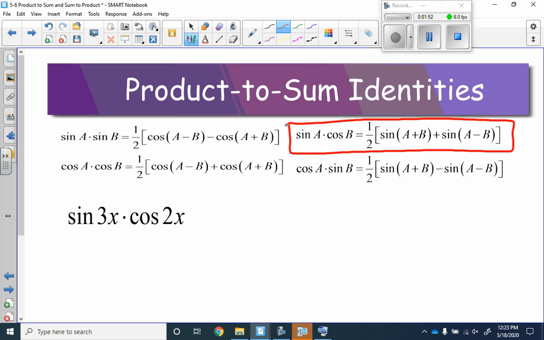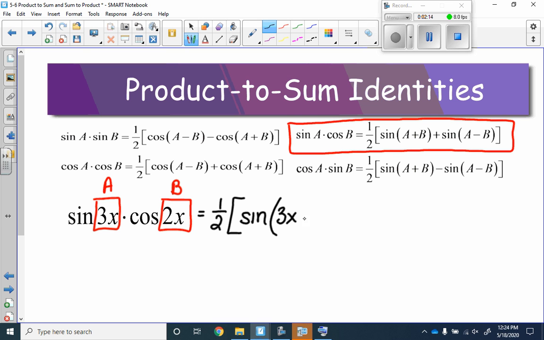And we're going to set it up using sine of A times cosine of B. In this case, 3x is your A, and 2x is your B. So I'm going to have 1/2 the sine of 3x plus 2x plus the sine of 3x minus 2x.